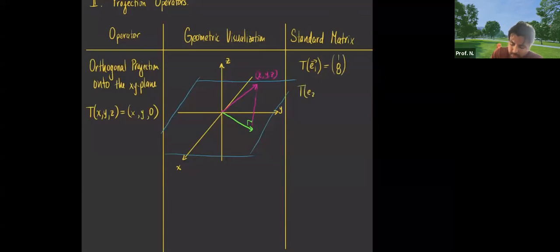When I project E2 onto the XY plane, I get the exact same thing, 0, 1, 0. But what happens when I project E3, the vector on the z-axis, onto the XY plane? What happens to that vector?